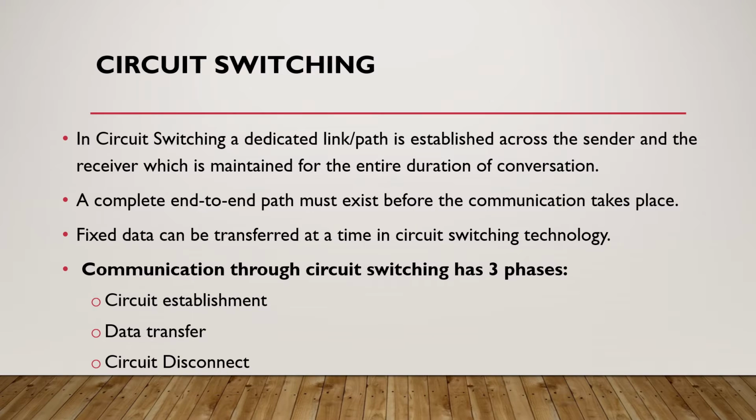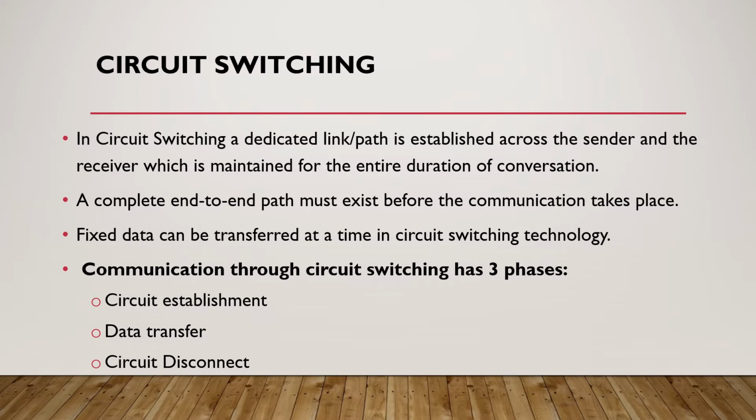Communication through circuit switching has three phases. The phases are: first one, circuit establishment; second one, data transfer; and third one, circuit disconnect. To establish an end-to-end connection before any transfer of data, some segments of the circuit may be dedicated links while other segments may be shared.